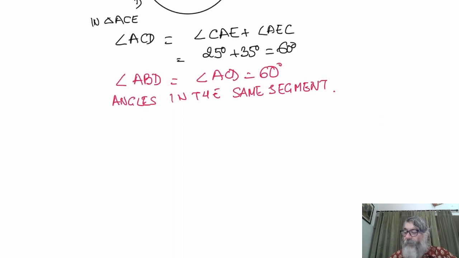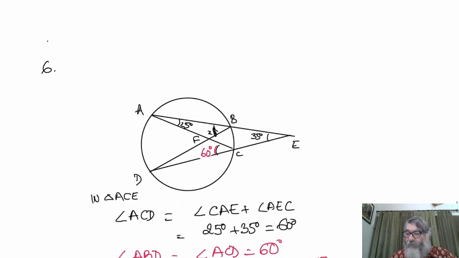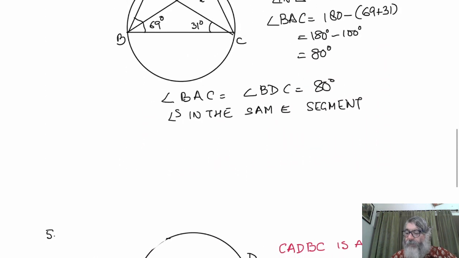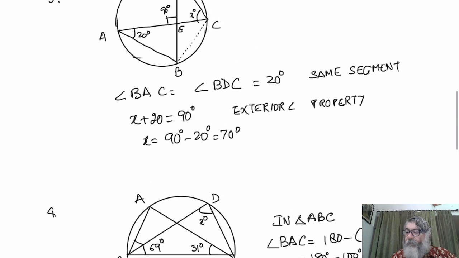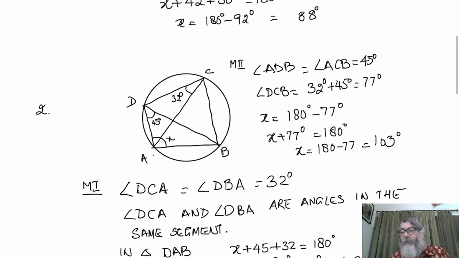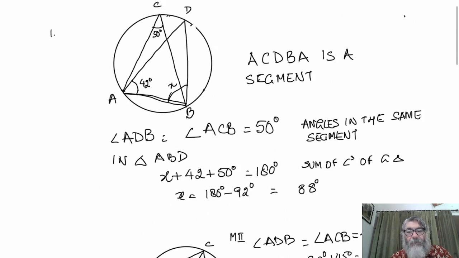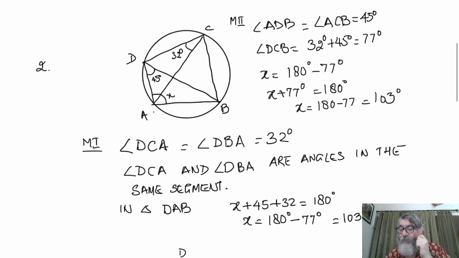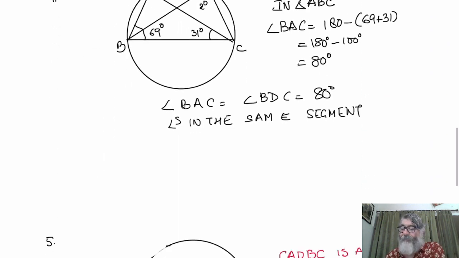So we did 6 questions in this exercise. We just tried to explain to you what is the same segment and how do we calculate angles in the same segment of a circle. Segment, again, is the area included between a chord and the circumference.